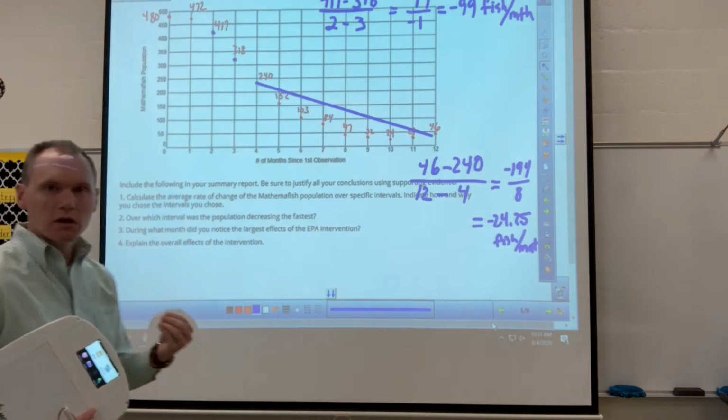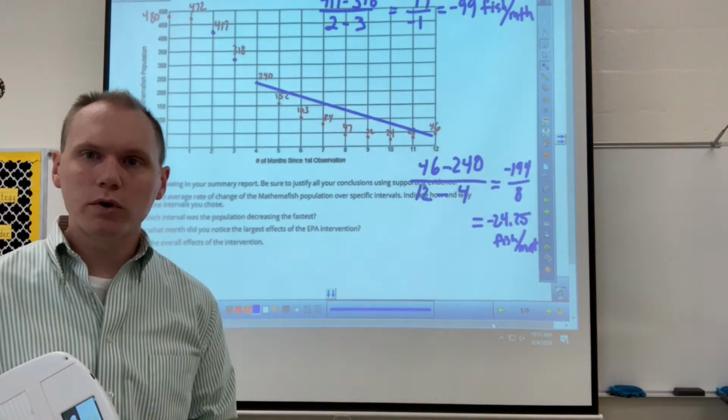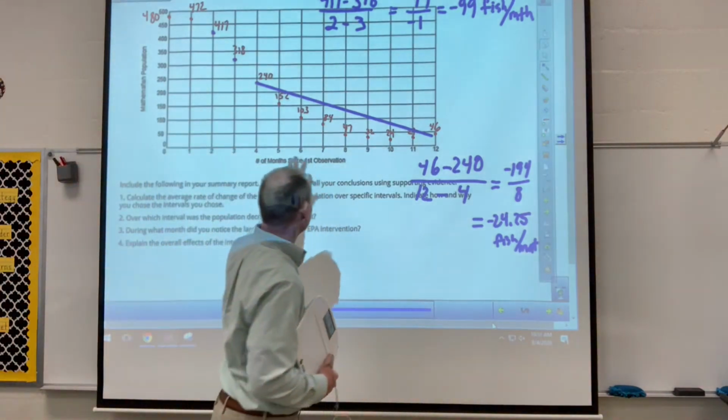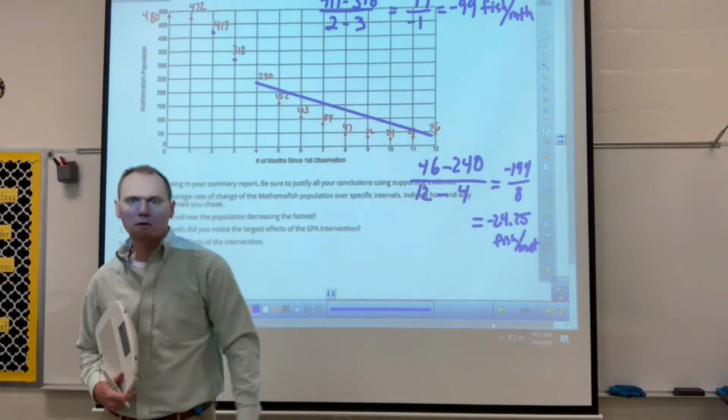So on average, we're losing 24.25 fish per month over this interval from 4 to 12 months.